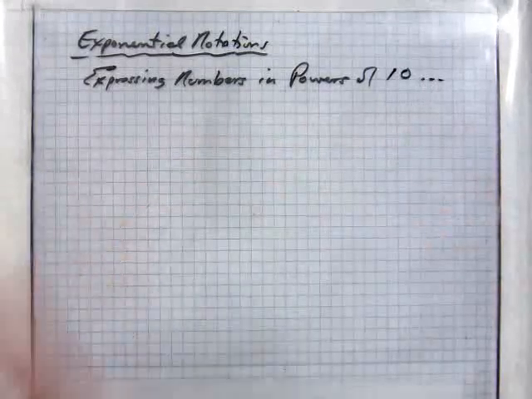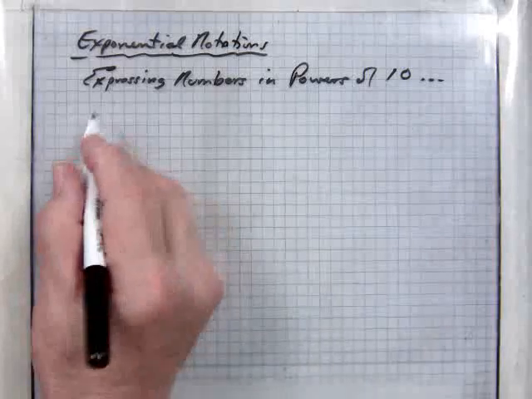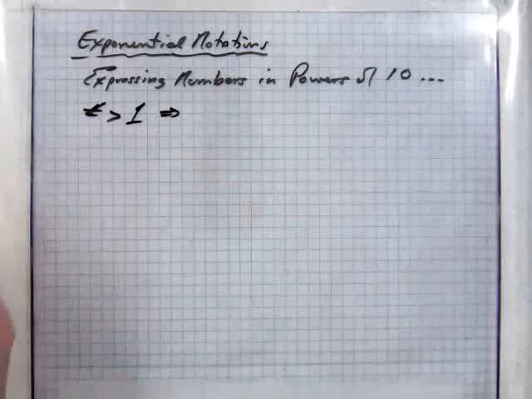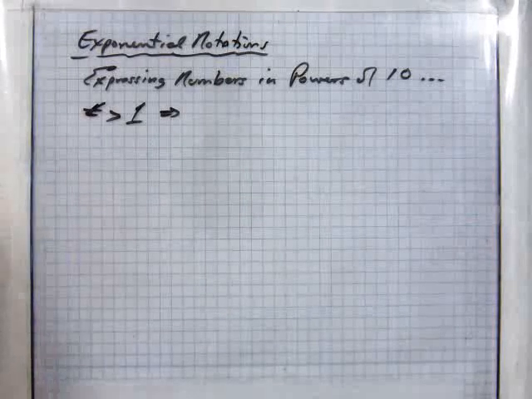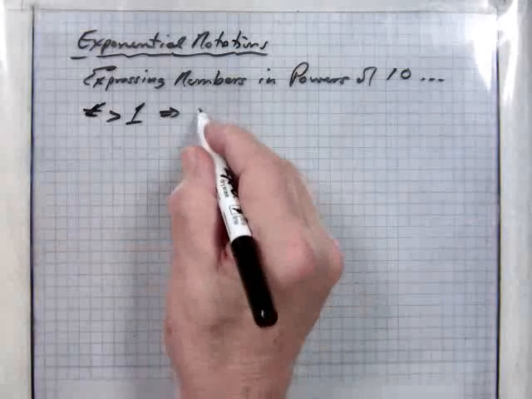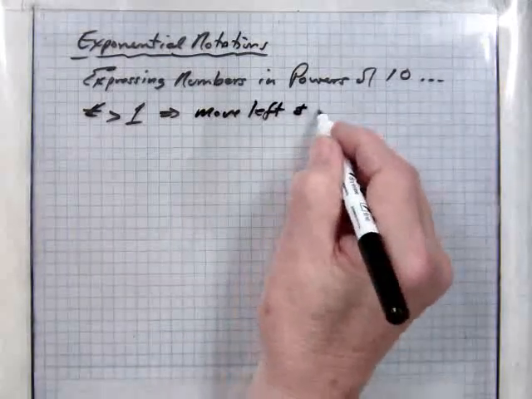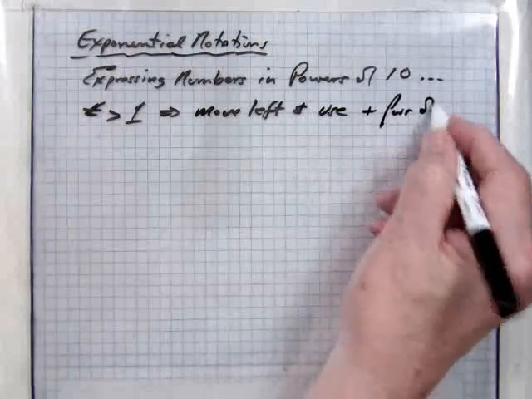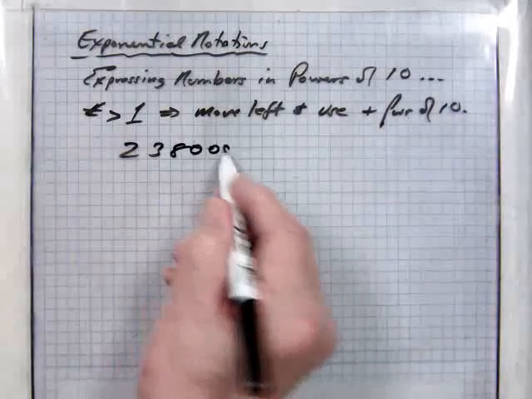So if you're given numbers greater than 1, then what you'll do is move the decimal to the left and apply a positive power of 10. 2, 3, 8, 0, 0, 0, 0.